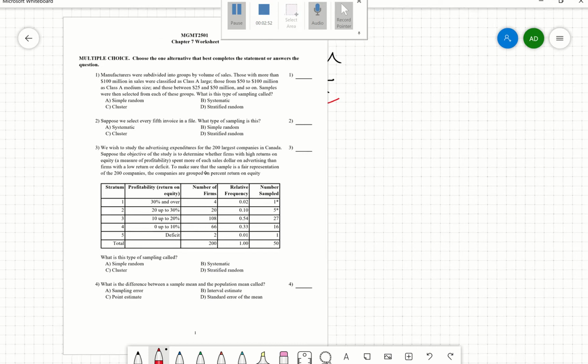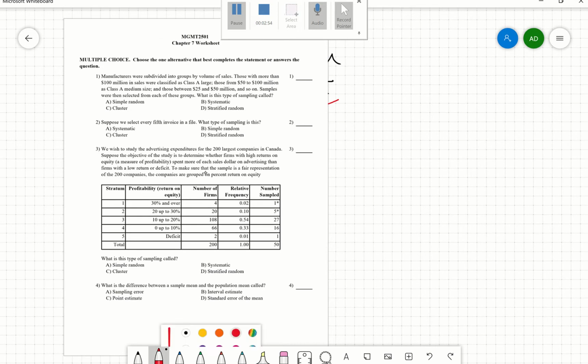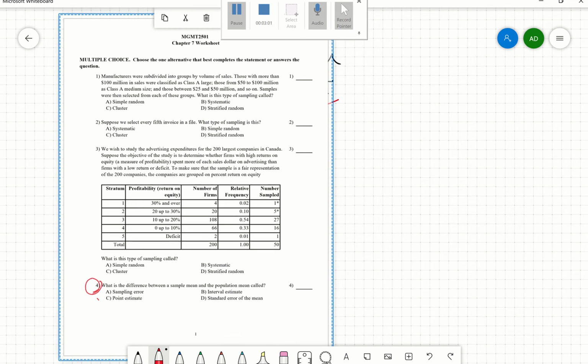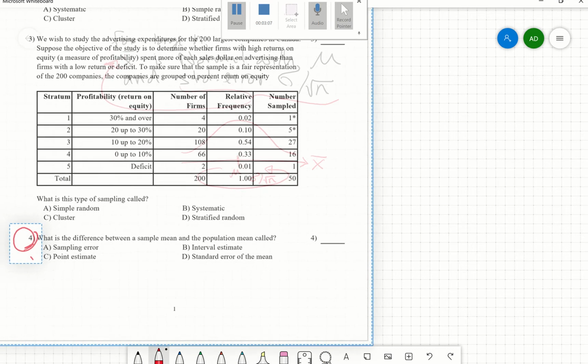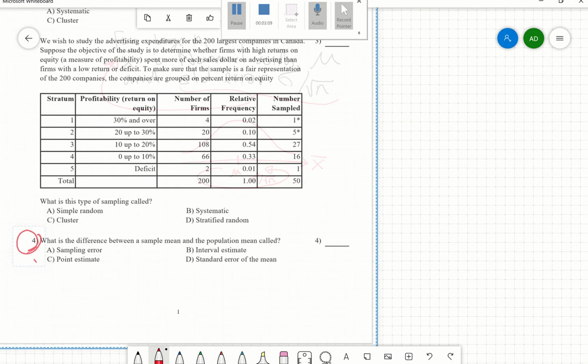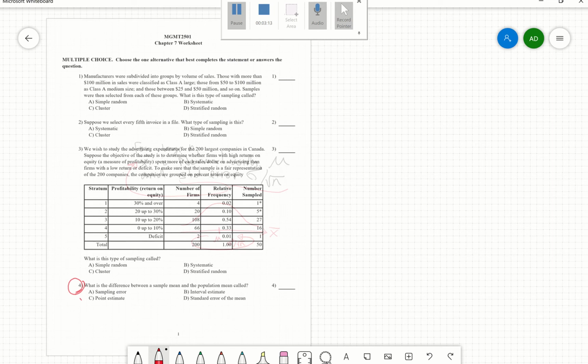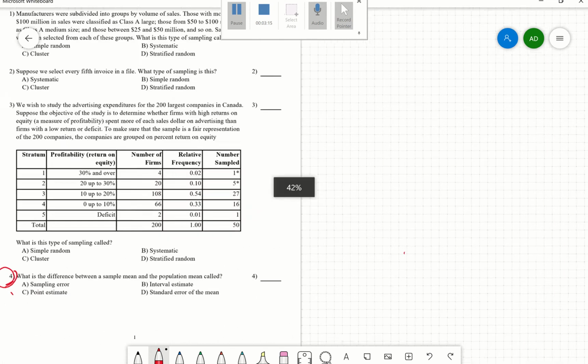Okay, number 4. What's the difference between the sample mean and the population mean? In my lesson we talked about this.